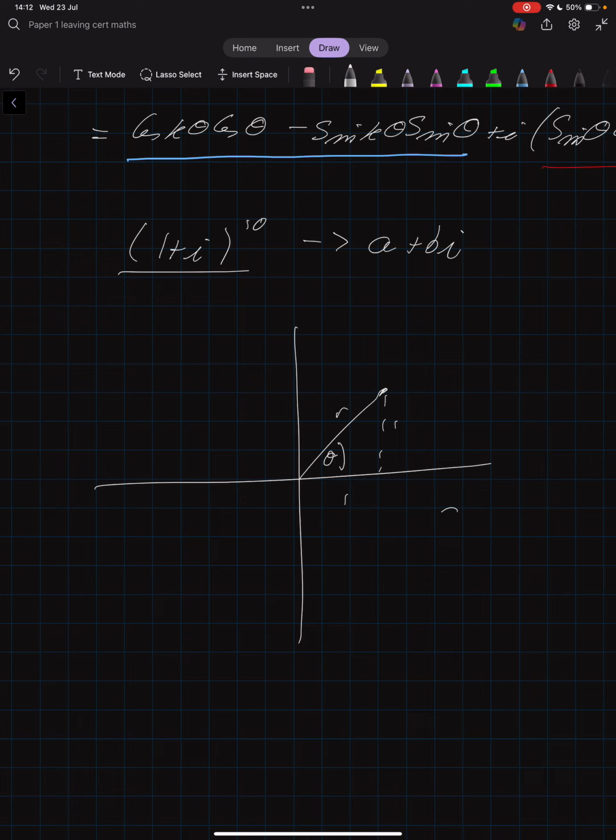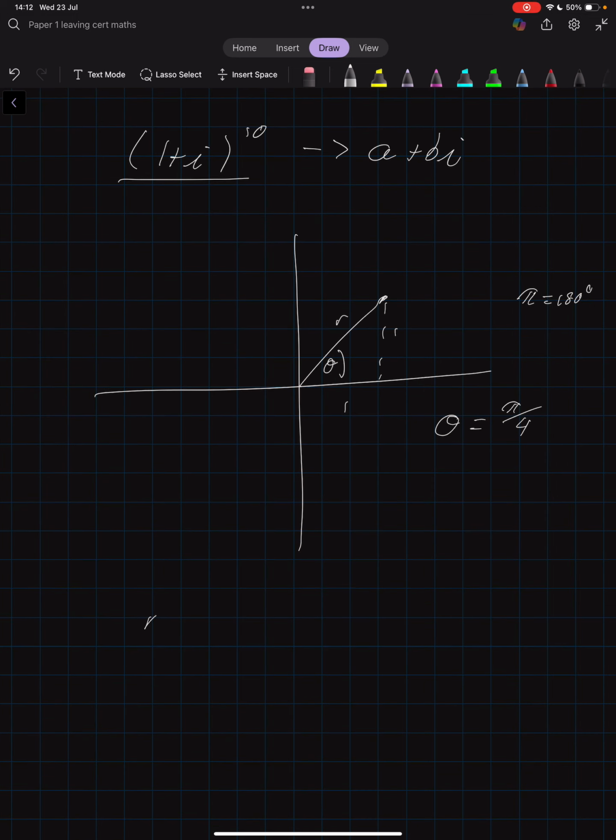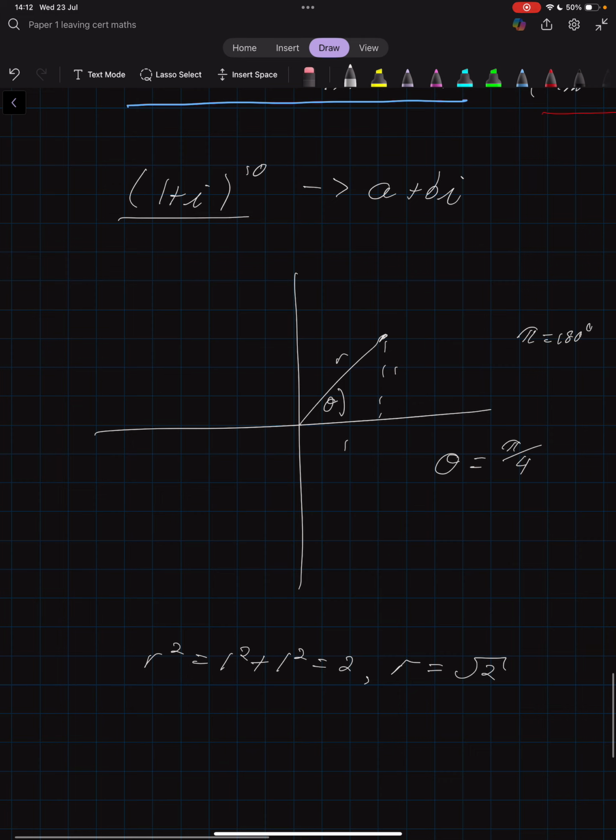You can probably guess that theta is 45 degrees, which is pi over 4. Again, 45 degrees is a quarter of 180, and therefore it's a quarter of pi. Remember that pi is 180 degrees. The length, r squared, is equal to 1 squared plus 1 squared, which is 2. So r equals the square root of 2.